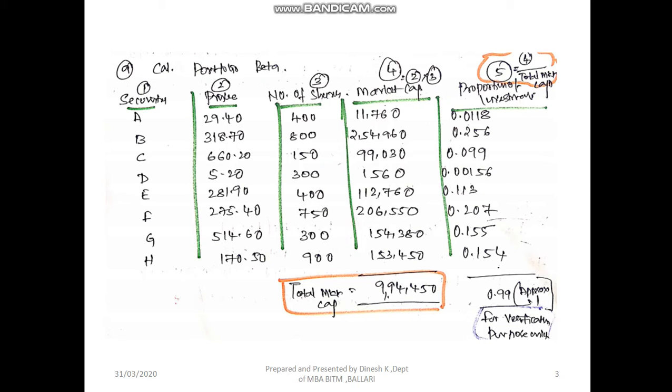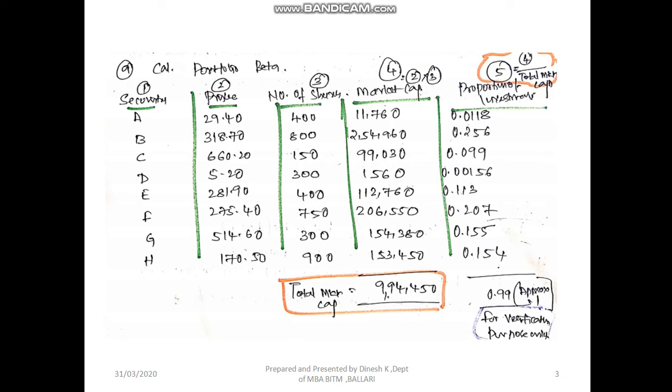Once we get the individual market capitalization and the total market capitalization, the next column that we are going to calculate here is the proportion of investment in each company, which can be taken as column 5, calculated by taking column 4, that is the individual company market capitalization, divided by the total market capitalization, right?